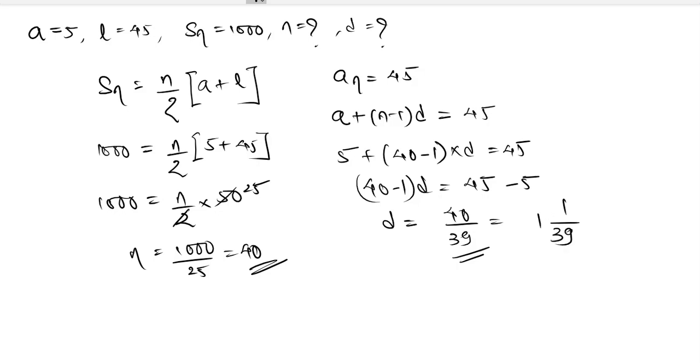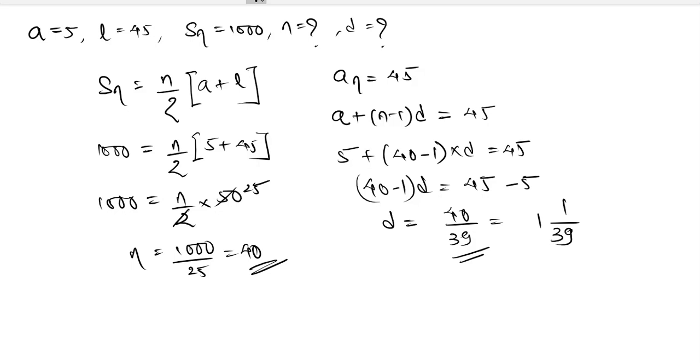I'm really not sure. If there are 40 terms, can this be d? Can this be the common difference? It seems so. I don't think I've made any mistakes. a plus n minus 1 d, it looks okay. First term is 5, n is 40.